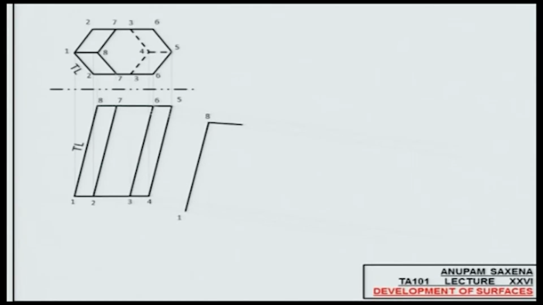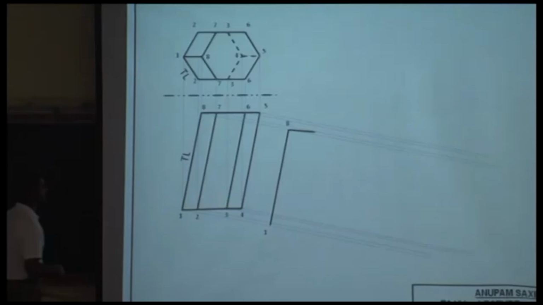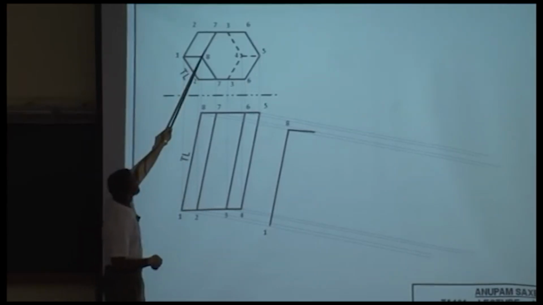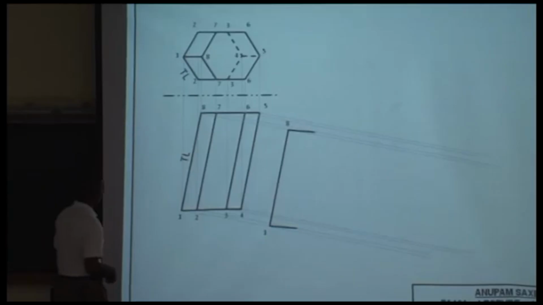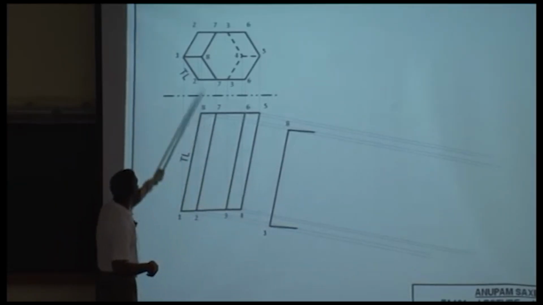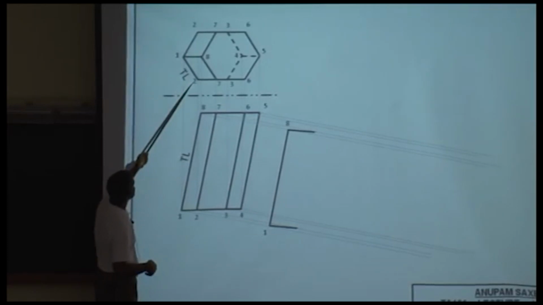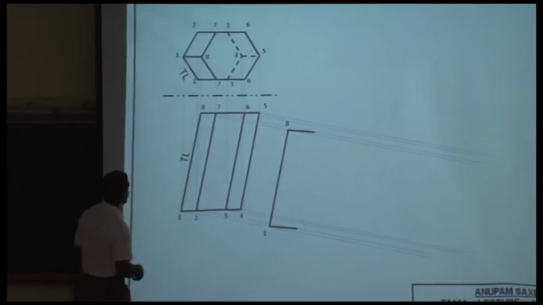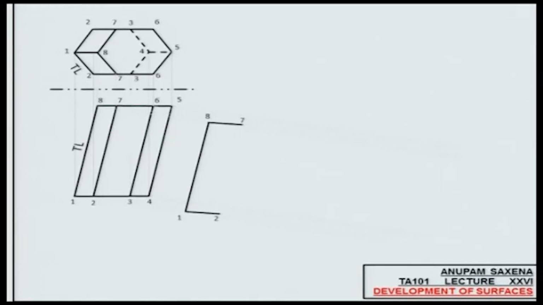From 8, what do we have? 7, and this length is the same as this length, right? And from 1, what do we have? 2. And this length is in true length, of course. So we got 2 here, we got 7 here. 2 and 7 are connected, and keep going forward.